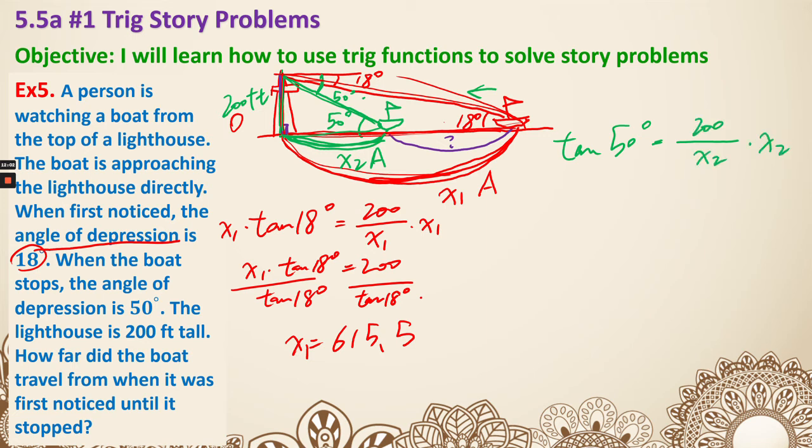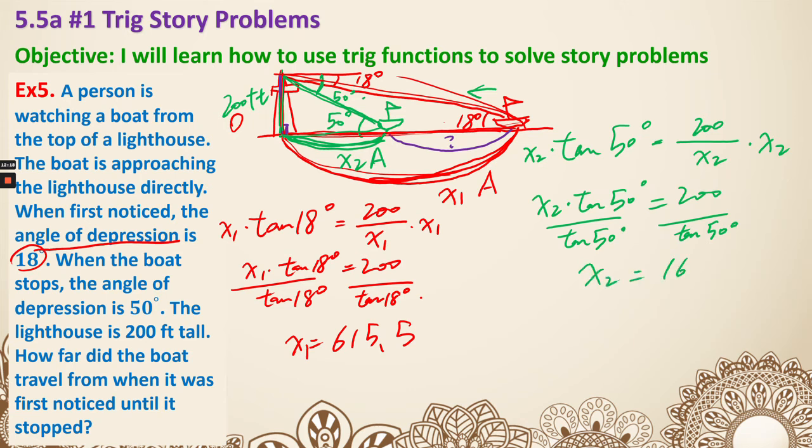So I'm going to multiply both sides by x2. I have x2 times tangent 50 degrees equals 200. Divide both sides by tangent 50 degrees. That is going to give us x2 equals 167.8. Don't forget a unit, feet for both.